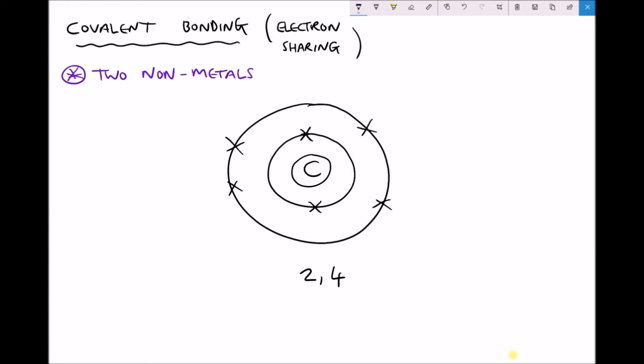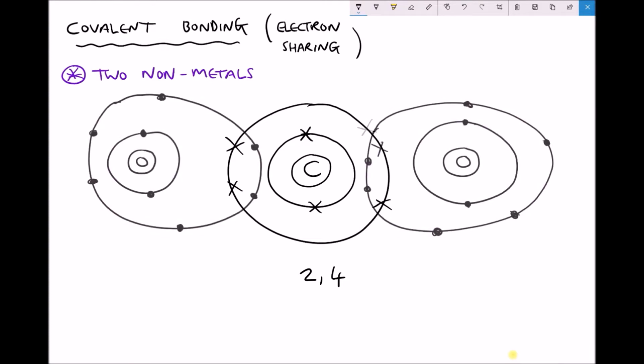If we add in 2 oxygen atoms, then we see a similar behaviour. Our oxygen atom on the left hand side has an electron configuration of 2, 6, as does our oxygen atom on the right hand side. So for each of those we see 2 electrons on the inside shell and 6 on the outer shell.